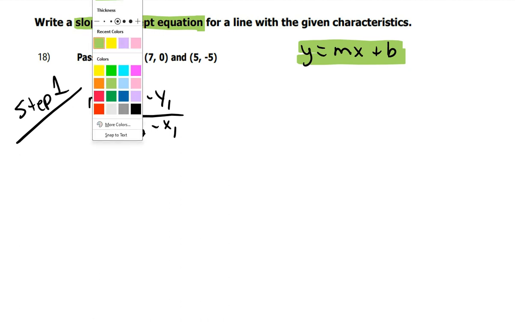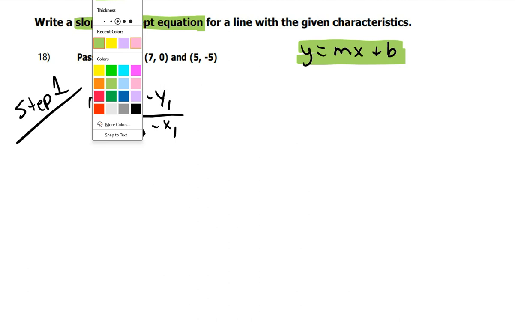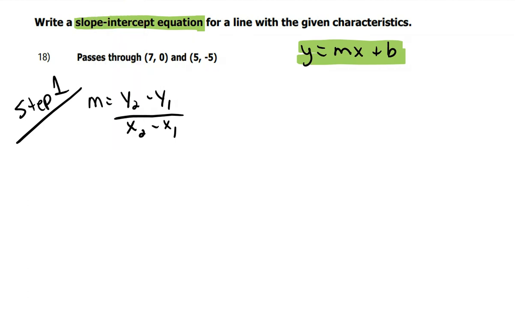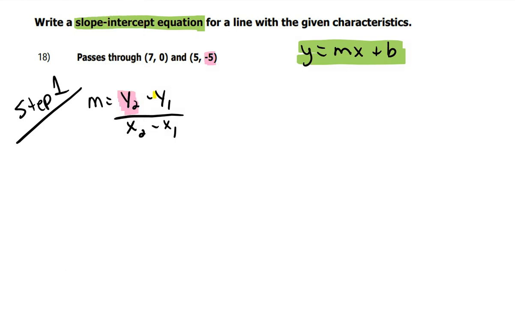So I'll use my highlighters again. If I can get it to work. Oh my gosh, come on. There we go. Okay, so y sub 2, that is the y coordinate of the second point. That would be this negative 5. And then y sub 1 would be the y coordinate of the first point, which would be this 0.